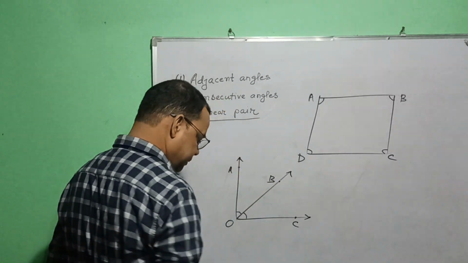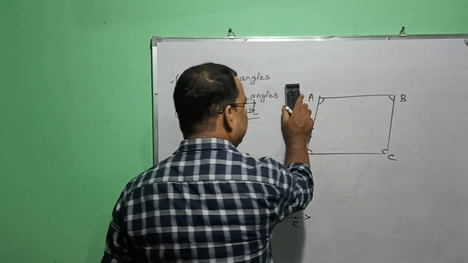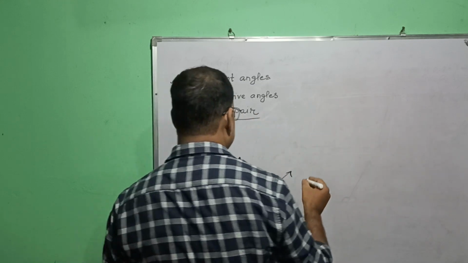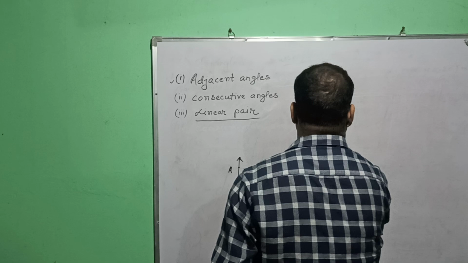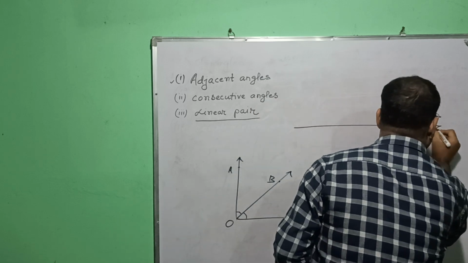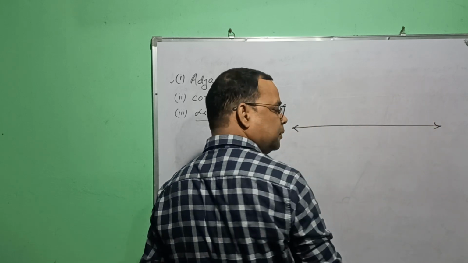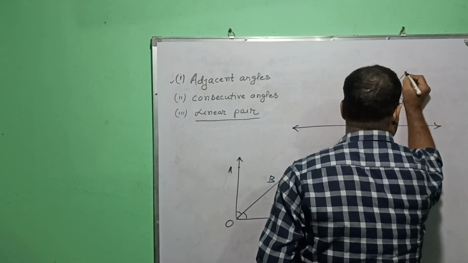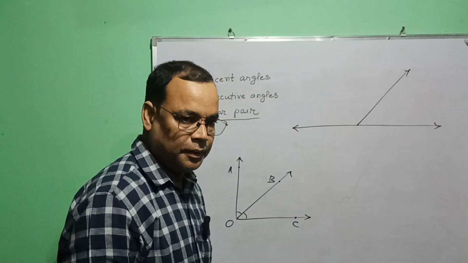What is a linear pair? For linear pair, let me draw another figure. In case of linear pair, let me draw a line, and from any point let me draw a ray.